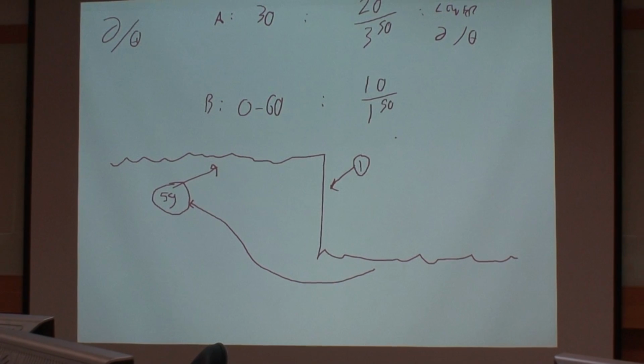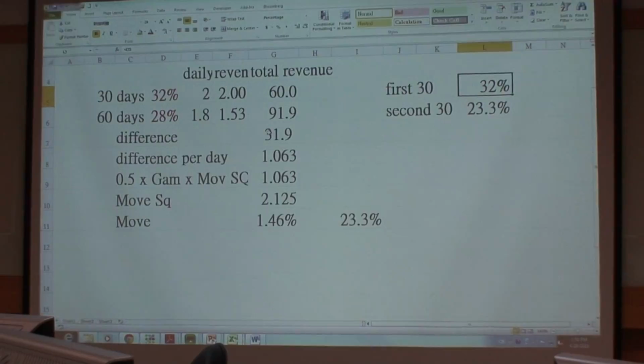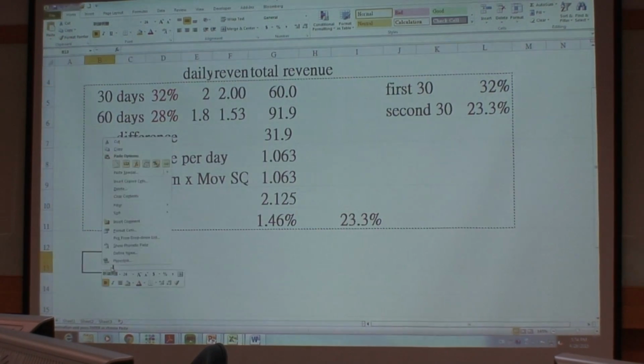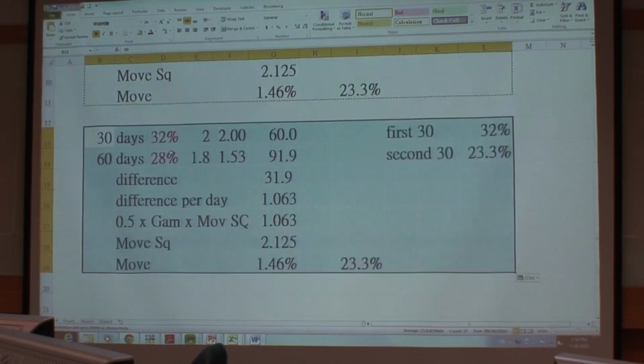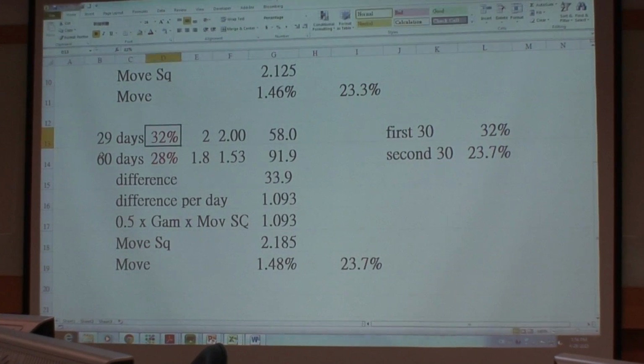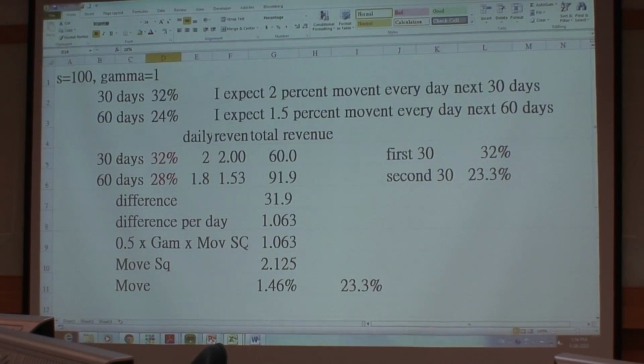Because if that's the case, then I can do the same analysis, but now within these 30 days. And that was the next step we did. So now I'm just going to copy this whole thing. Copy, paste. And I'm just going to say, okay, I have 29 days in which I don't move, and not moving is the same as that second set of 30 days in which no exciting things happen.